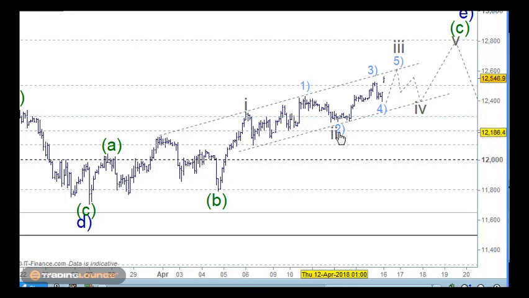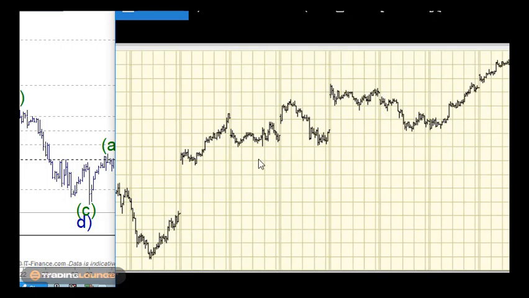I suppose it's possible to put wave 2 over here as well, but that doesn't really fit well when I look at the cash market. It's much better off having this as the A, the B, and the C wave for wave 2, then an impulse wave to the upside, and then the next leg starting there.